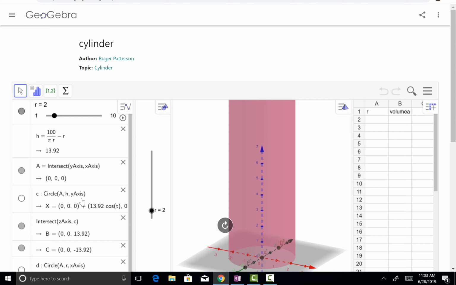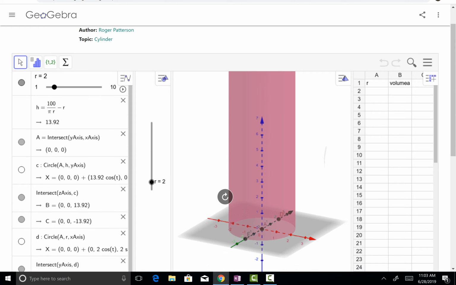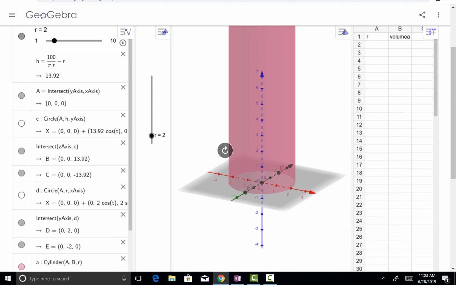Now, this is a GeoGebra application, and it has a couple of different things. GeoGebra has a geometry application, an algebra application, and a spreadsheet application. So I have a lot of stuff here. In this problem, we're going to take a cylinder and fix the surface area.